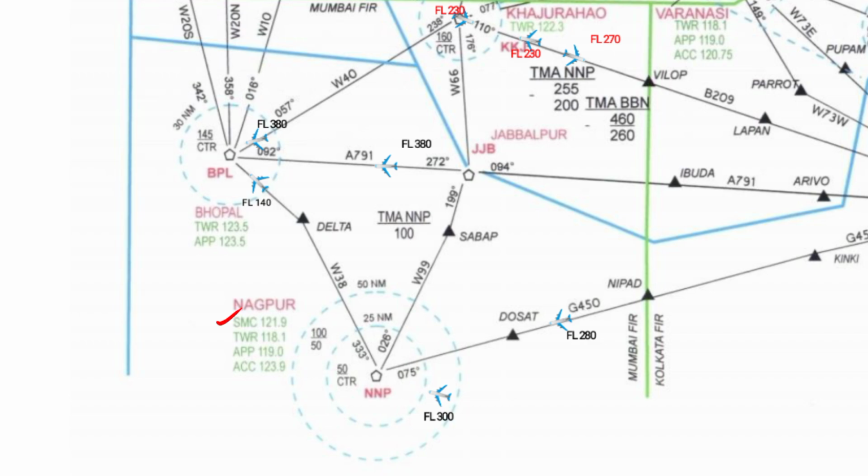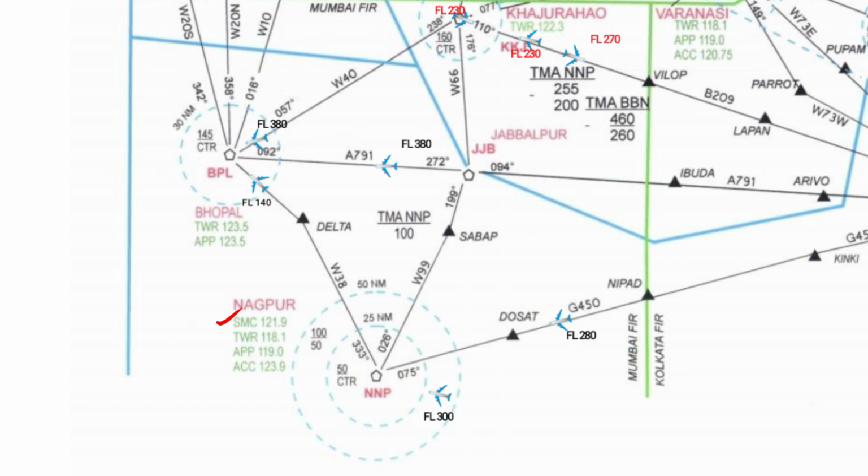Surface movement control's airspace is the surface of the airport except the runway. Any movement on the surface of the airport will be done under the control of Nagpur SMC. The next controller from the runway is TAR. TAR airspace begins from the runway, and the vertical limit is given here as 50, that means 5,000, and the horizontal limit is given here as 25 nautical miles.